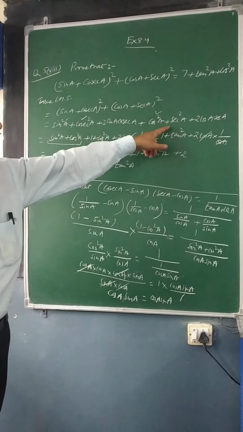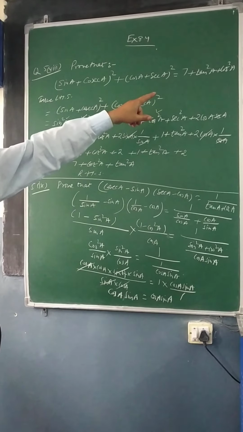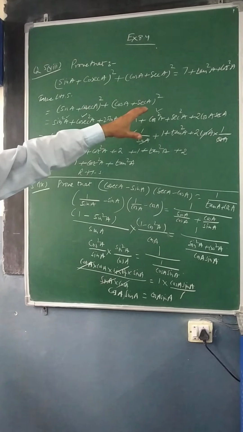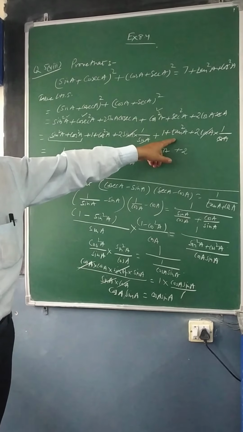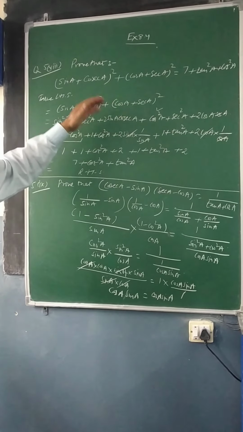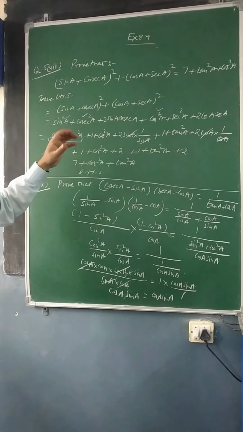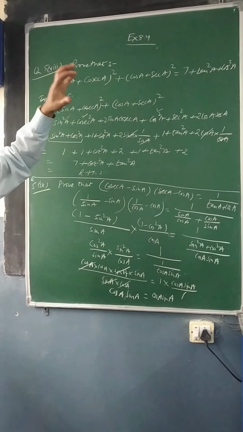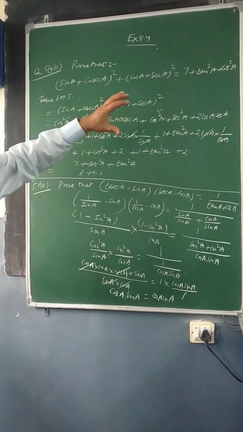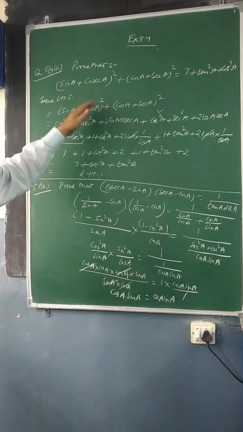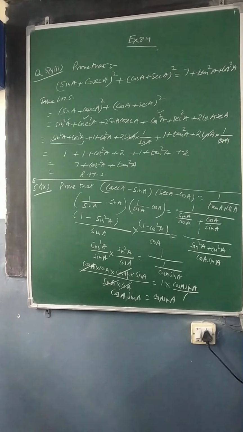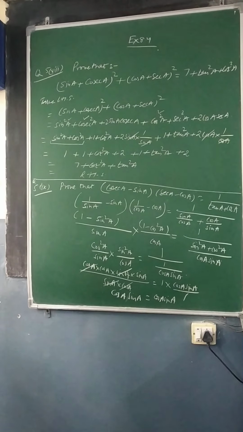And similarly secant square A I don't need, but by using the identity secant square A minus tangent square A, I can express it in terms of 1 plus tangent square A. So that thinking, if you keep on applying in between your answer by focusing your attention upon the right hand side also, then I don't think you are going to find any difficulty anywhere to reach the answer.